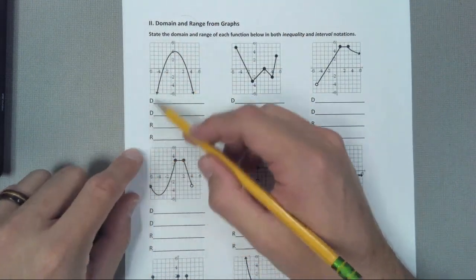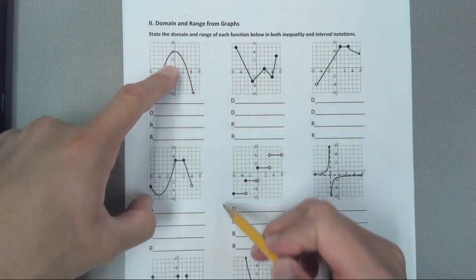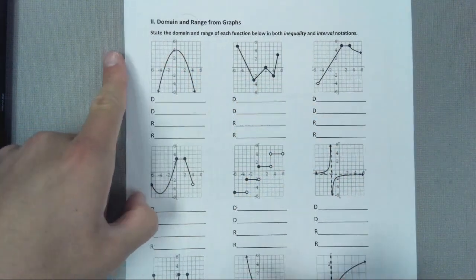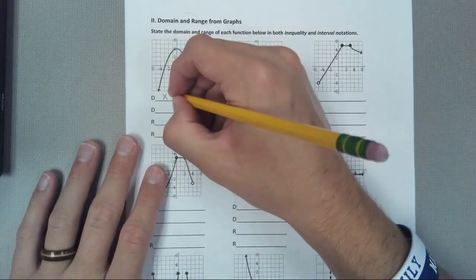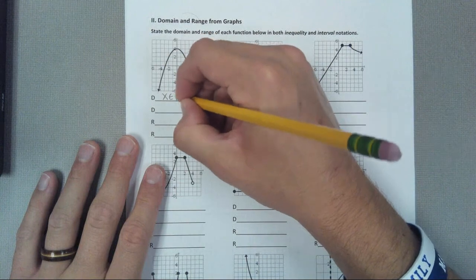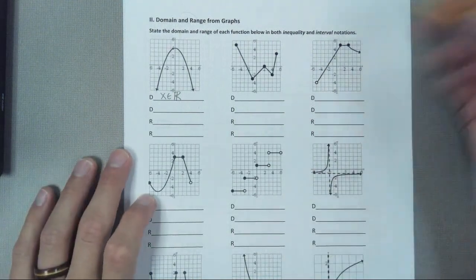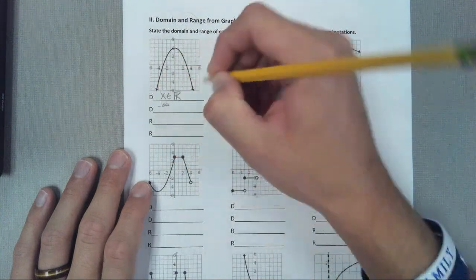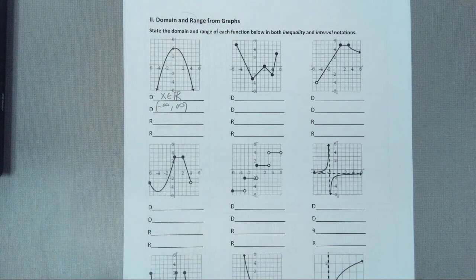Negative infinity all the way to the left, and it is also going all the way to the right. If we're going to talk about set builder, I'm just going to leave out all the squigglies and whatnot, but this is every real number. It can be anything. There's no restrictions on my x value. And if we were to talk about interval notation, that's going to be negative infinity to positive infinity.